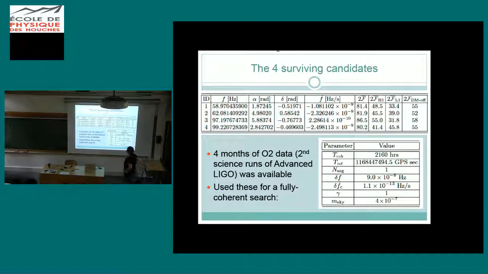This is a very difficult question, because I could give you the p-values associated to the last search that I did, the last fully coherent search over a very small parameter space. But is that an interesting p-value? Because actually these 4 candidates arrived from a long chain of searches.